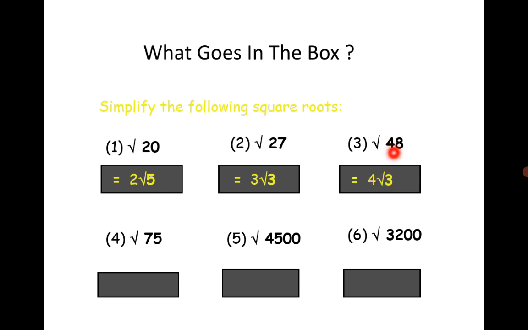And root 75, you should be able to get 5 root 3. And the root of 4,500 should give you 30 times root 5, while root of 3,200 should give you 40 root 2. So these are quite easy things to do.